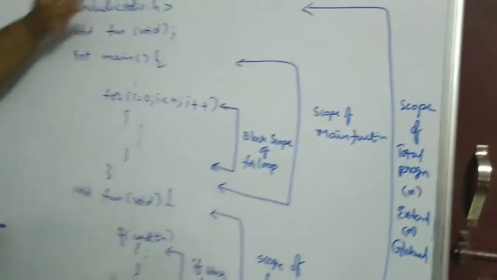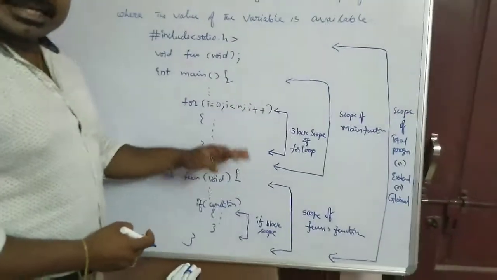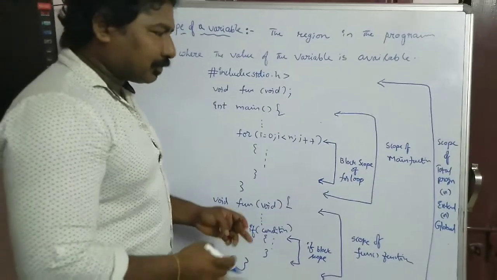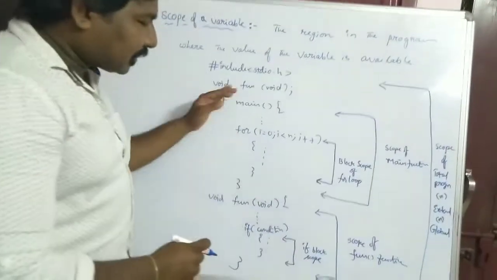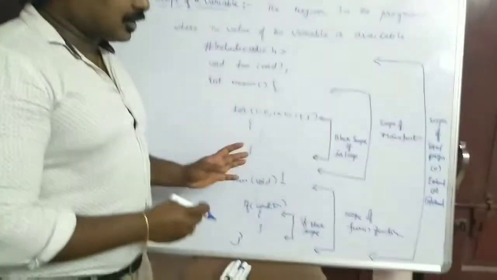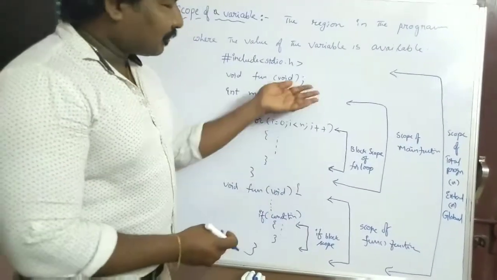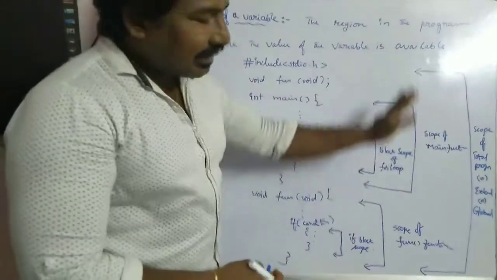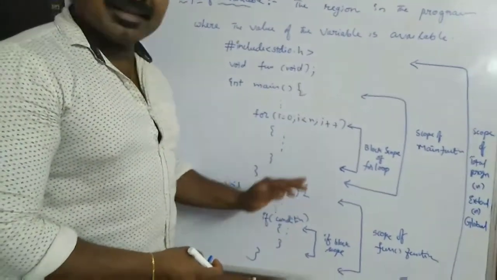Okay friends, the entire program can be called the total program scope, or an external scope, or a global scope. So this is how you can divide the scope. There are different kinds of blocks here. The scope can be defined within the block, within the function, within the main function, or the entire program. These are the different kinds of scopes that you can see in a C program.